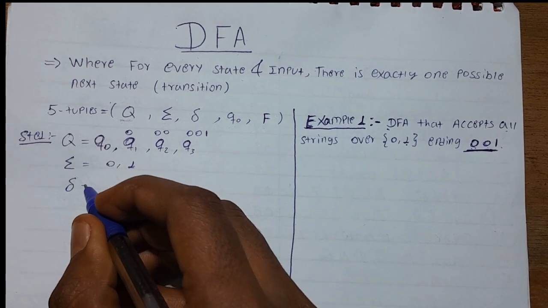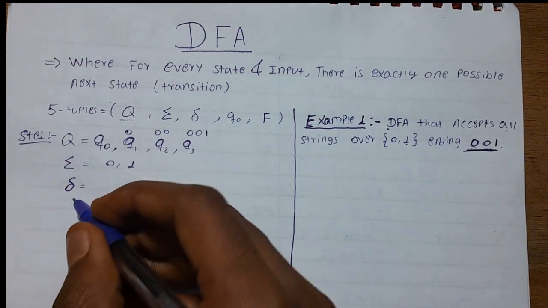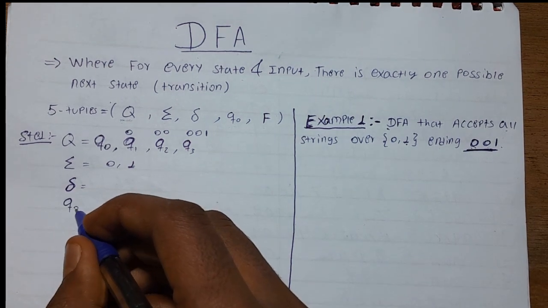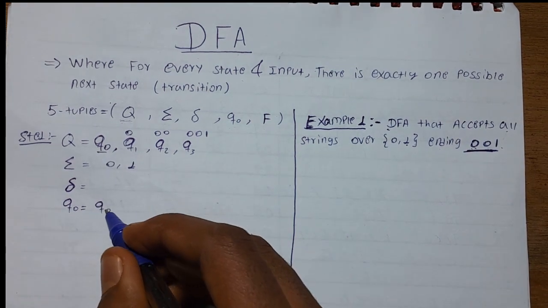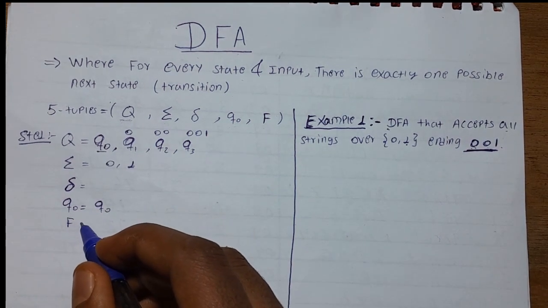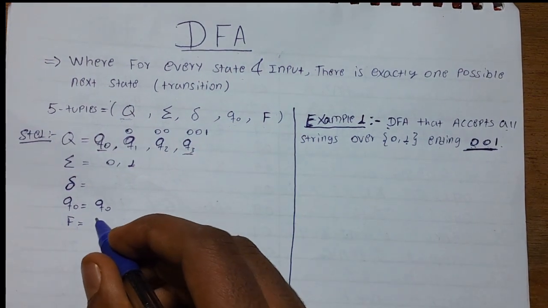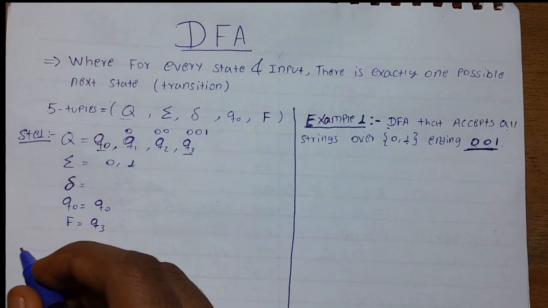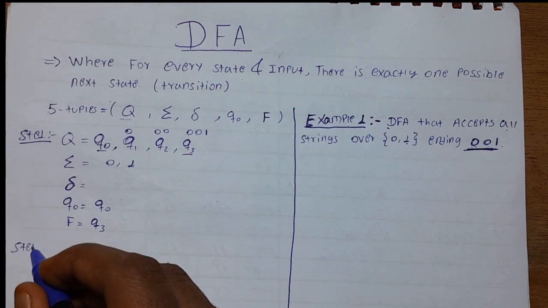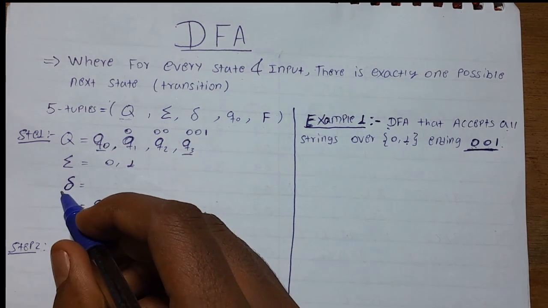And transition. Identifying the transition table is the next step. So the initial state is Q0, and the final state is Q3, the final. The next step, step 2, is constructing the transition table.